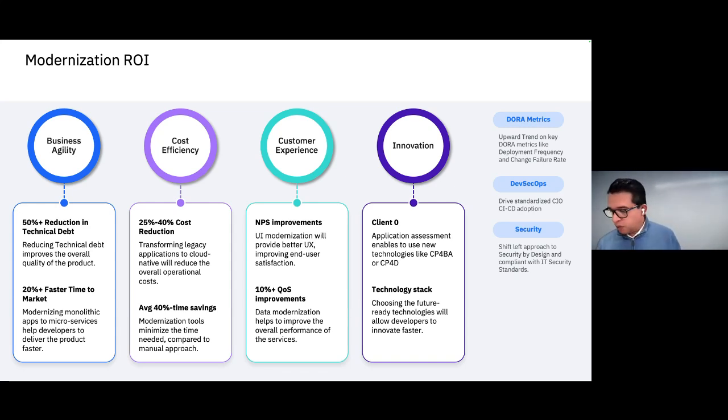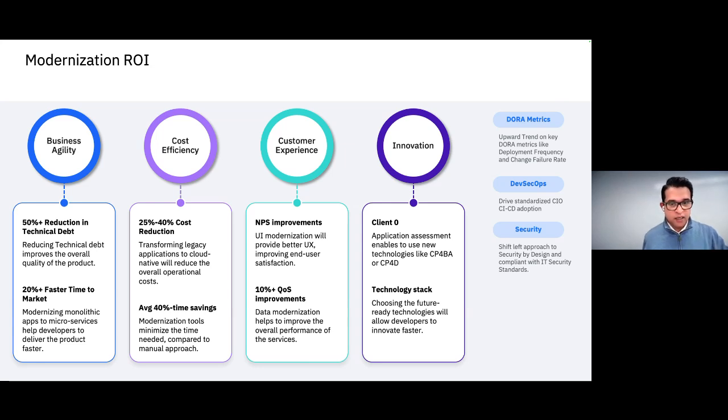By simplifying and modernizing our architecture, developers could focus on high value tasks, not those tightly coupled code changes. So what we have seen is a 50% reduction in technical debt, and reducing technical debt enables us to deliver more reliable or stable products, and this improves the overall customer experience as well.